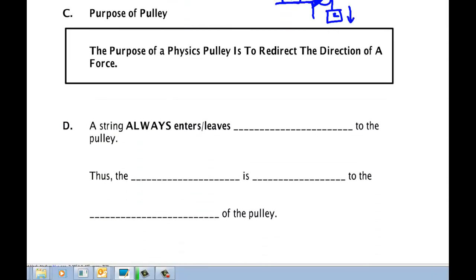Other important things to know about pulleys. The string always enters and leaves perpendicular to the pulley.